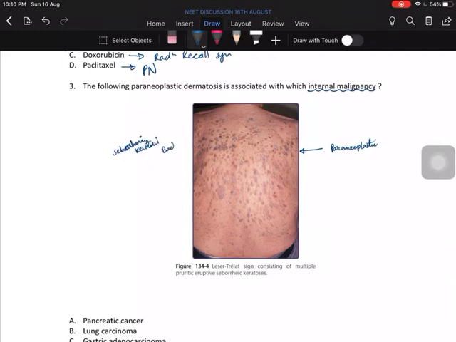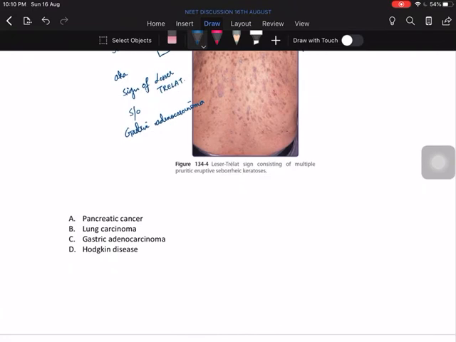Okay, so this is also known as sign of Leser-Trelat. Okay, and this is suggestive of gastric adenocarcinoma. Okay, so the answer is gastric adenocarcinoma, right?